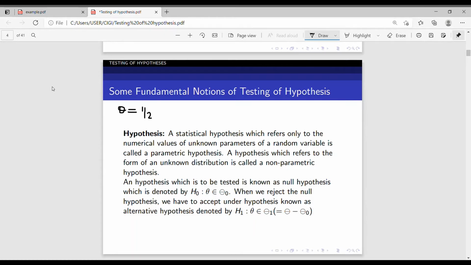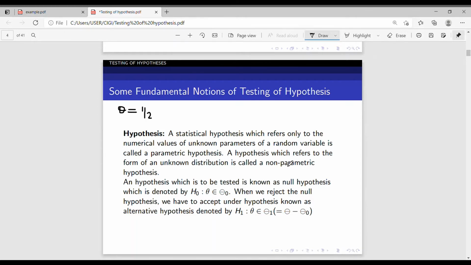So our statement is about the numerical value of the parameter, and such a hypothesis is known as a parametric hypothesis. Basically, a parametric hypothesis is any statement about the parameter theta. We are testing the numerical values of the unknown parameter, that is, whether theta equals 1 by 2, or the probability of head p equals 1 by 2, like that.